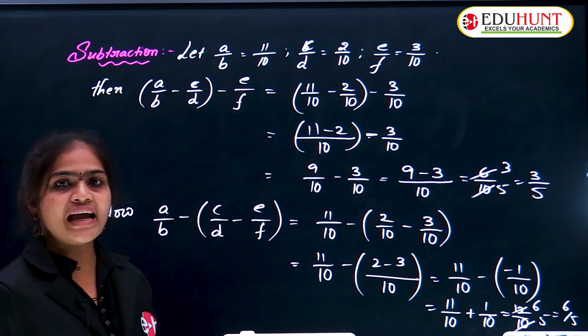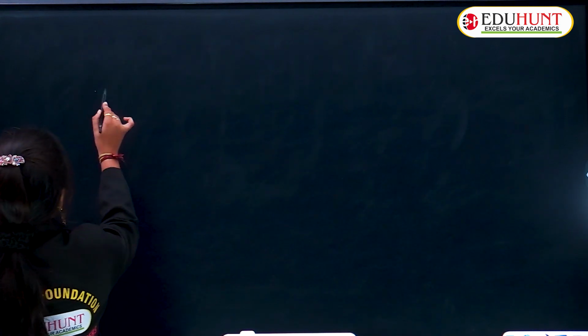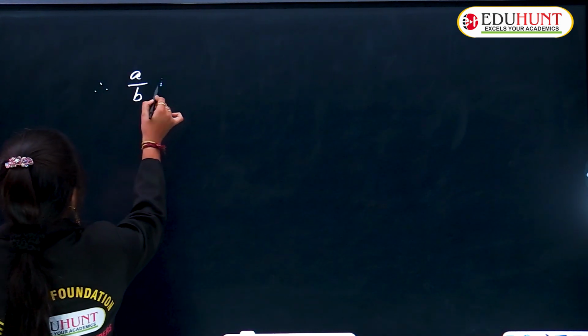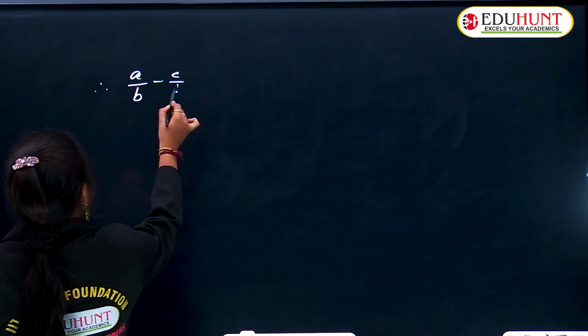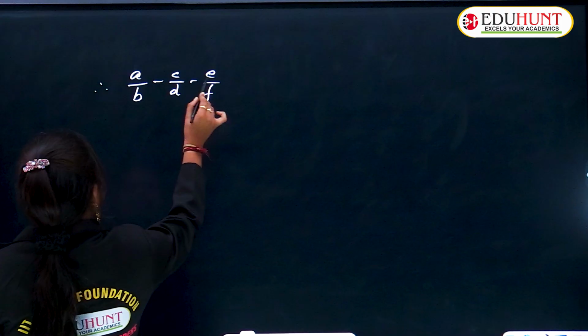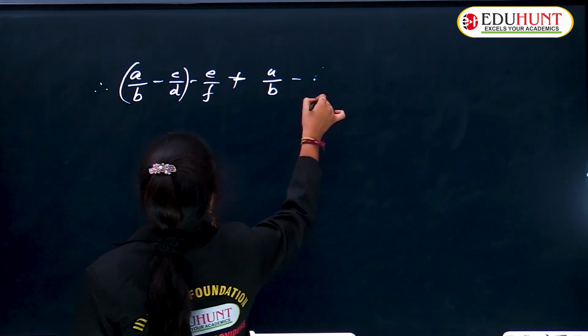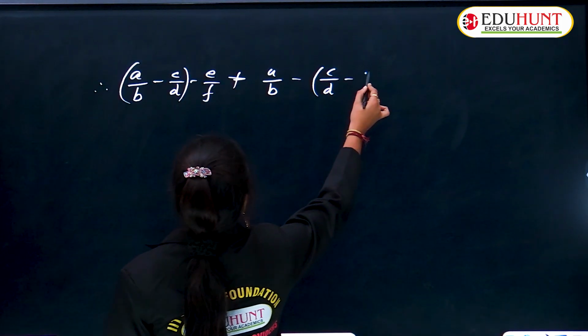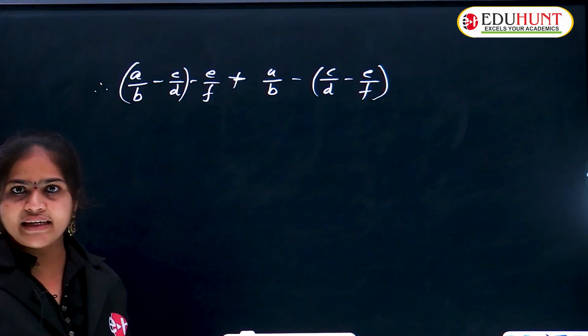Here these two do not have the same resultant, no? That's why what can we say? A by B minus C by D minus E by F is not equal to A by B minus of C by D minus E by F. Those two values are not equal.